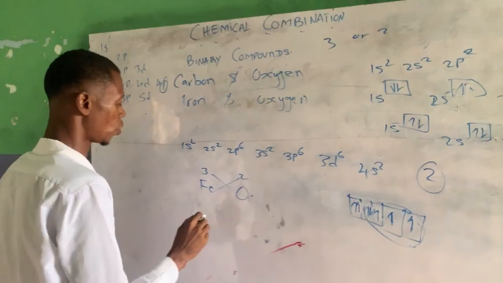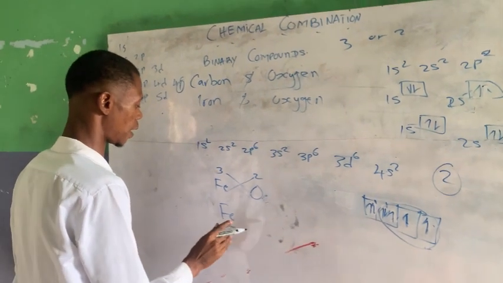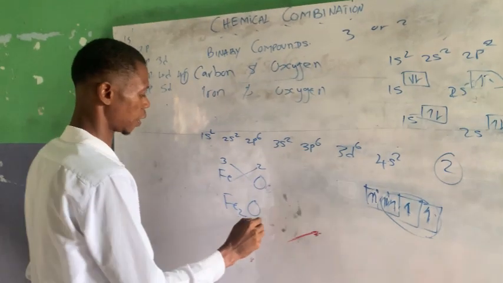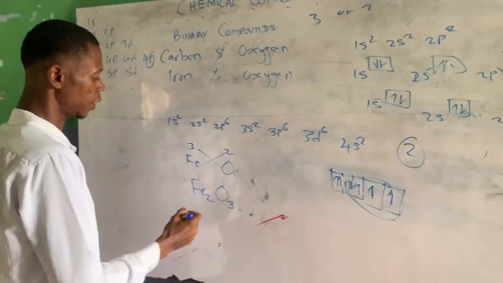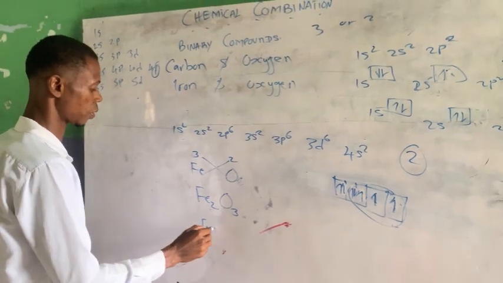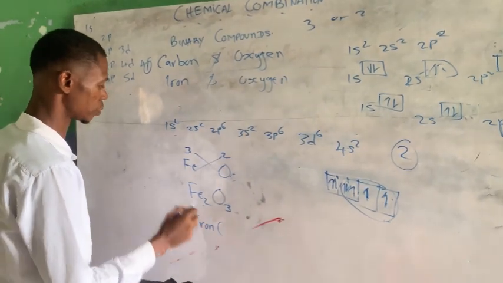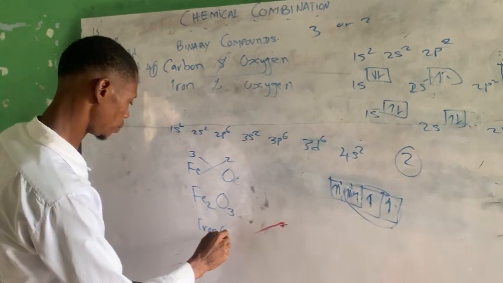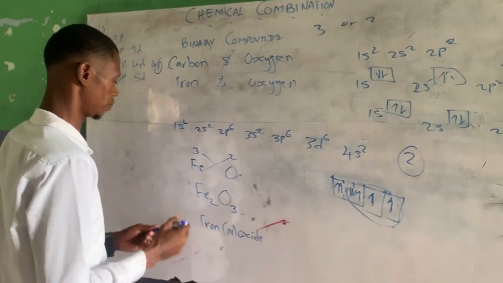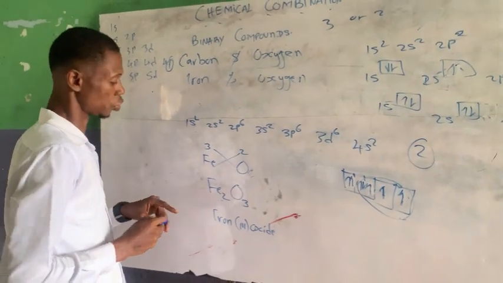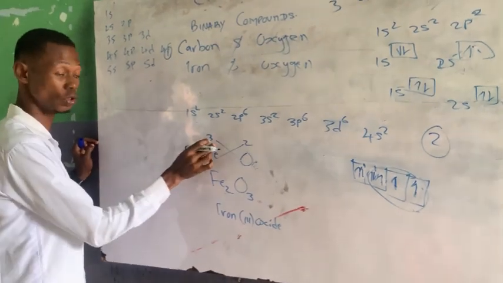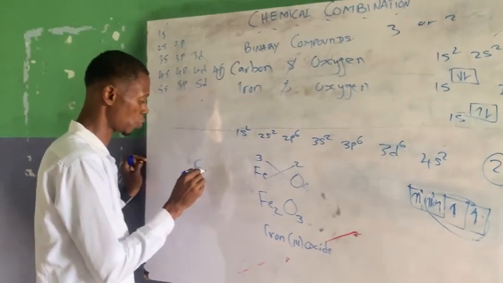So if you cross, we get iron 2 and oxygen 3. So what is the name of this iron? This is iron 3 oxide.